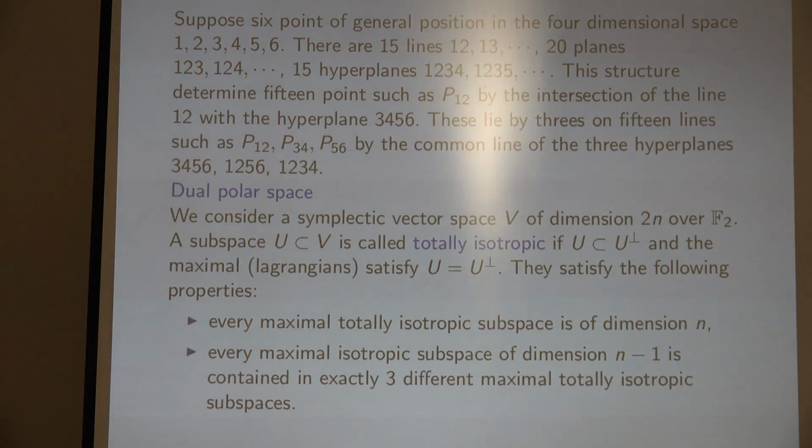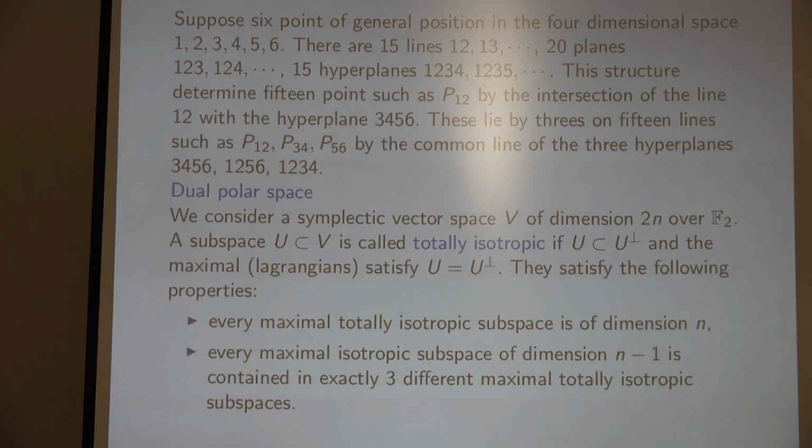Okay. If we want to give some geometric interpretation, we can just consider 6 points in the 4-dimensional space, the real 4-dimensional space, and there are 15 lines that are denoted 1 2, 1 3. There are 20 planes and 15 hyperplanes that are denoted just by these words.